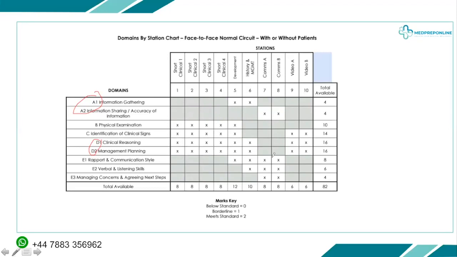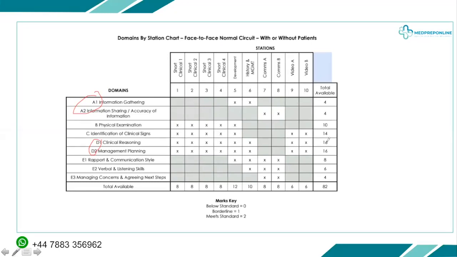You will now see in the mark sheet how marks are given against each domain. In the video station, again, you are only checked on C, D1 and D2. The purpose of showing each domain is so you know how important it is and how much time you should allocate to prepare for it.